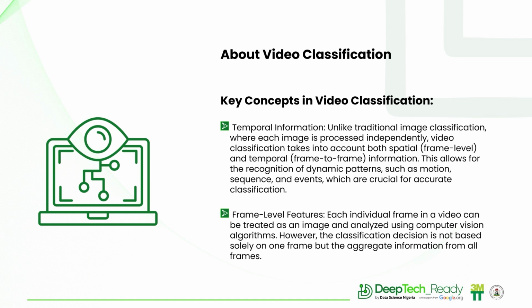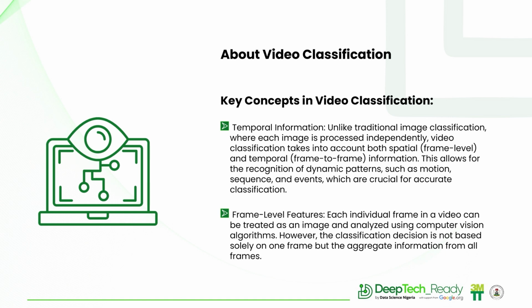Then we also have frame level feature. In video classification, when we talk about frame level feature, we're talking about how each individual frame in a video can be treated as an image and analyzed using computer vision algorithms. However, the classification decision is not based solely on one frame, but on the aggregate information from all frames.